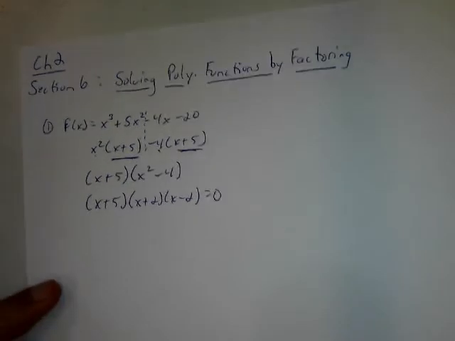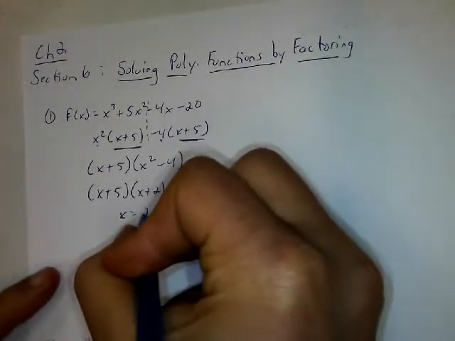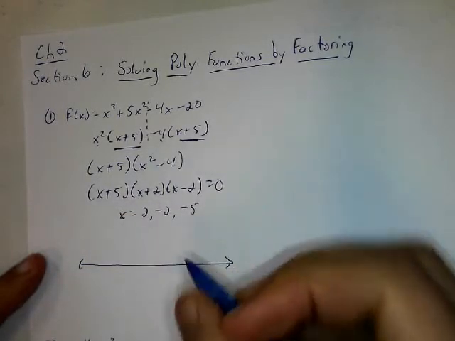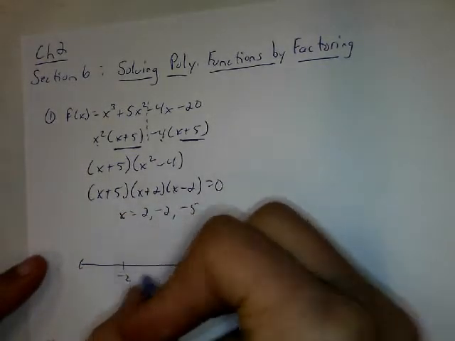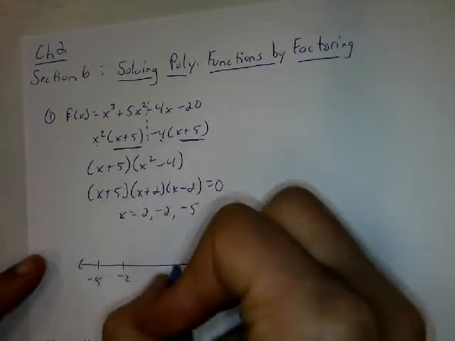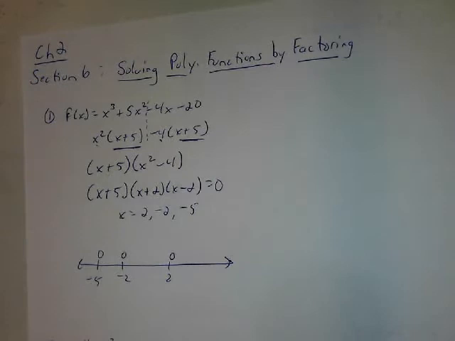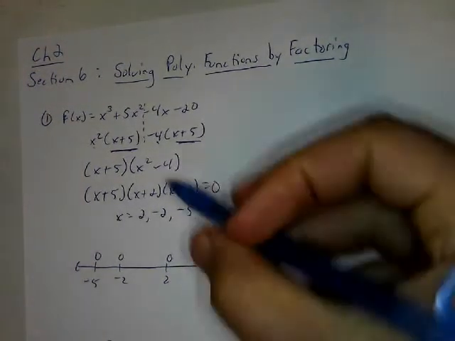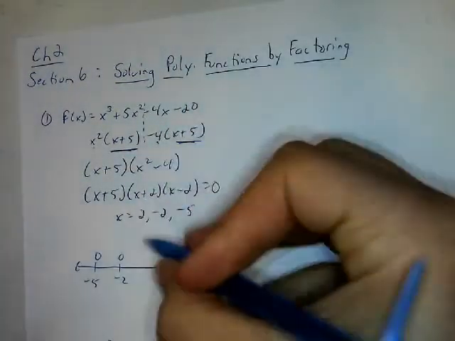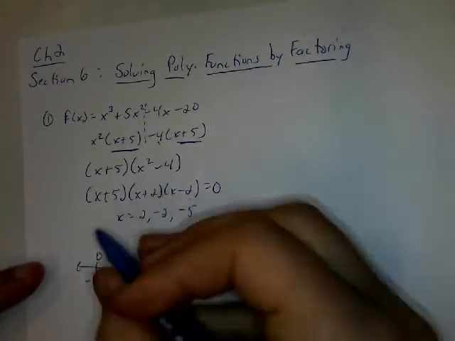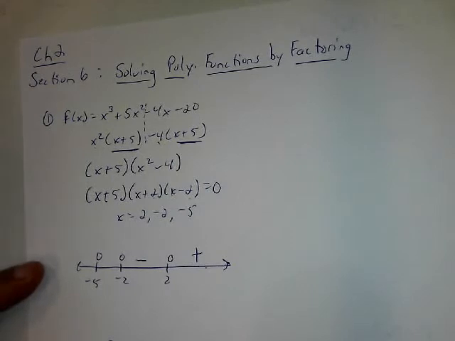If we find the zeros, we get x equals 2, negative 2, and negative 5. All linear roots, all single roots. So therefore when we do our sign analysis, we should get a sign change for every single one of them. You plug in a point like 5, positive, positive, positive, so that's positive. Plug in 0, positive, positive, negative, so that's negative, so you can see a sign change there.